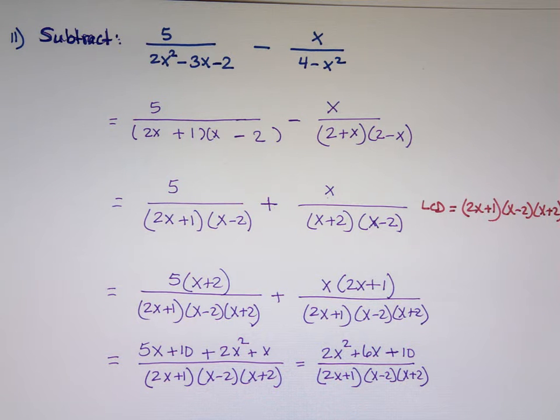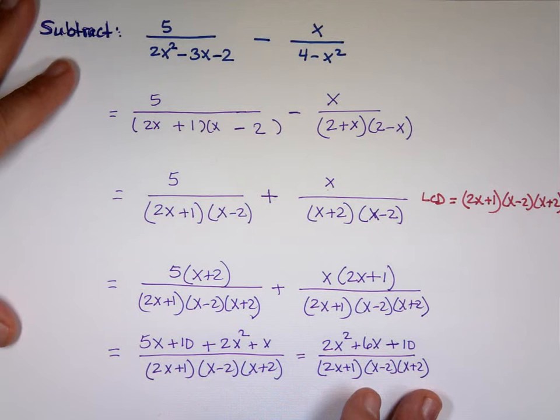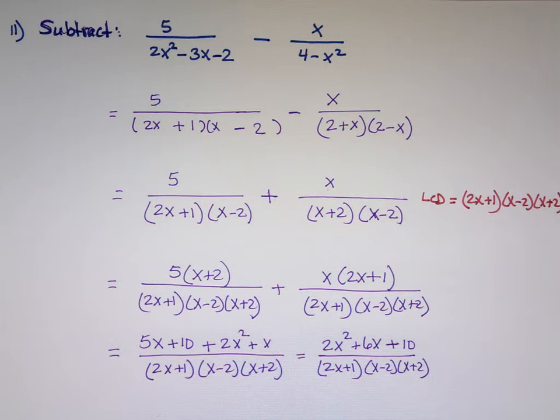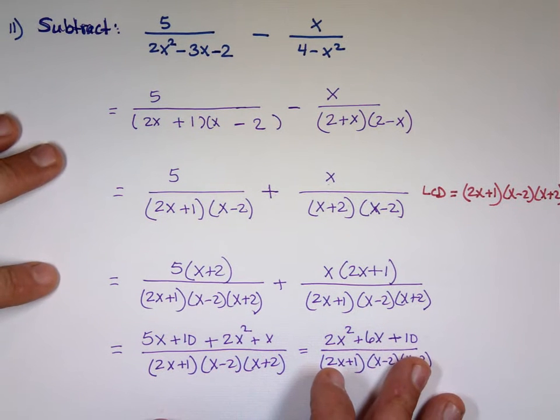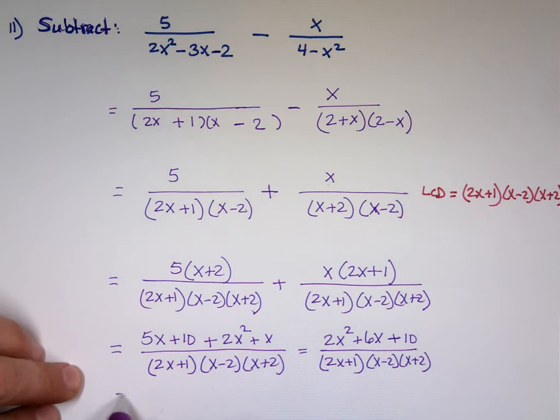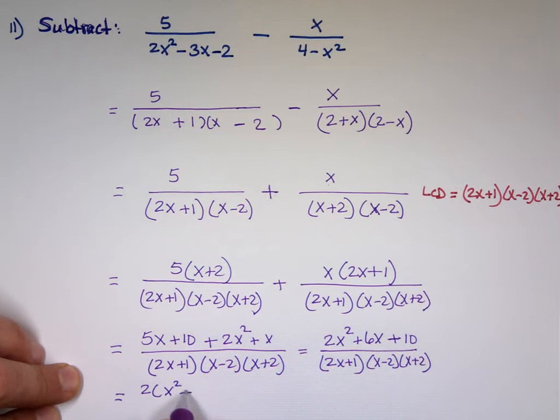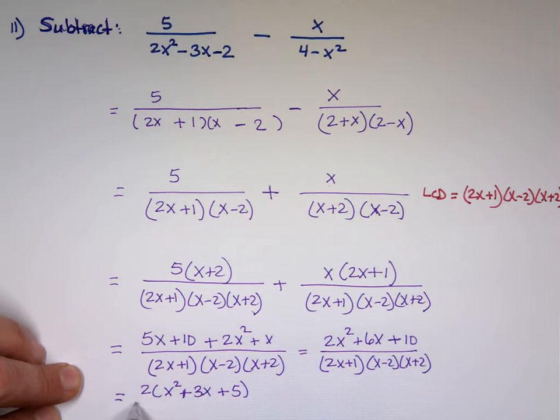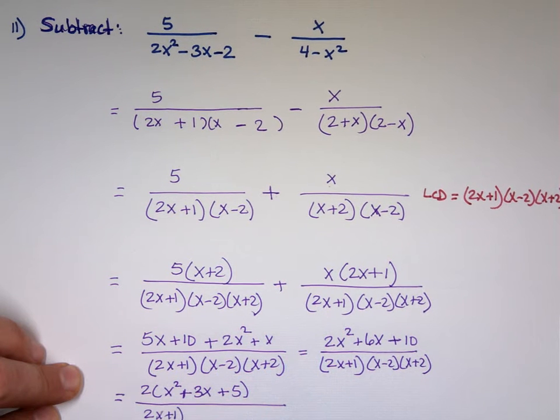You can see actually from the top I can factor a 2 out because everyone has a 2 in it. If I take a 2 out, it will be x squared plus what? 3x plus 5, 2x plus 1 in the bottom, x minus 2, x plus 2.